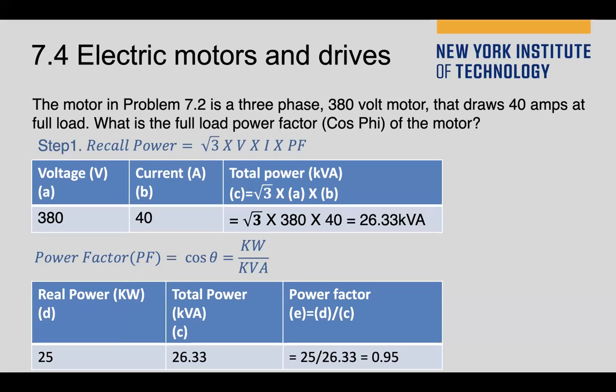So we take 25 instead of 20. So 25 as the real power in terms of kilowatt, over 26.33 that we have already calculated here, and we can obtain the value of 95%, or 0.95 for the power factor cosine theta.